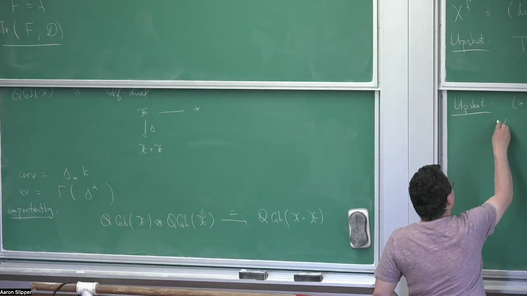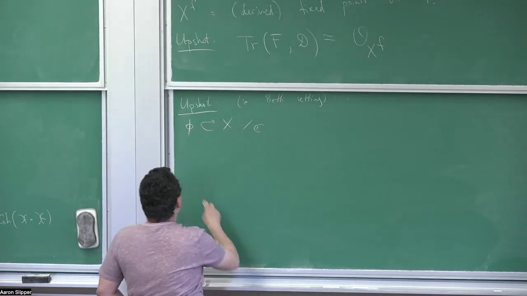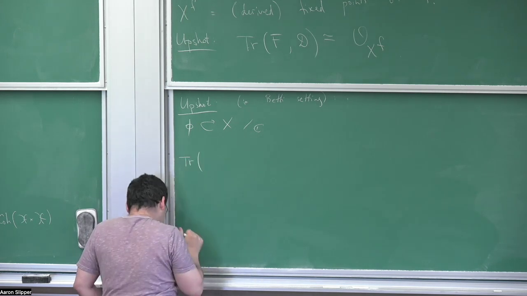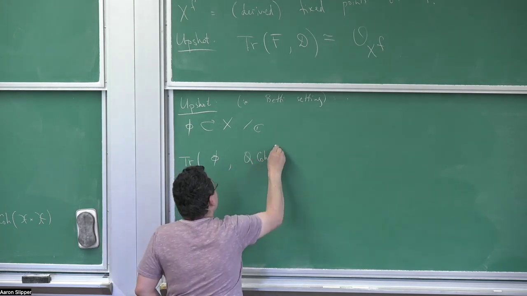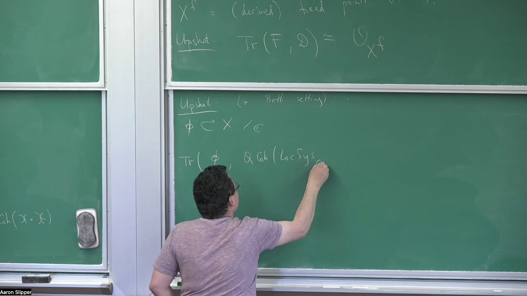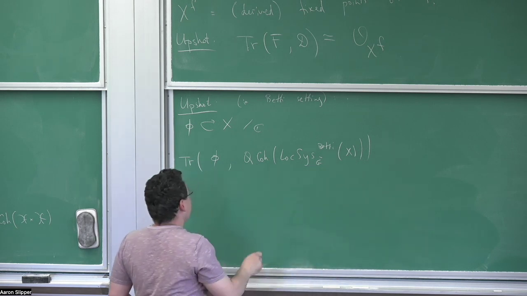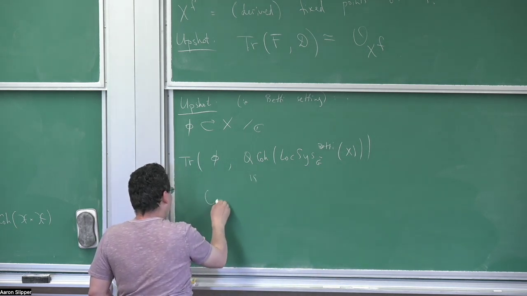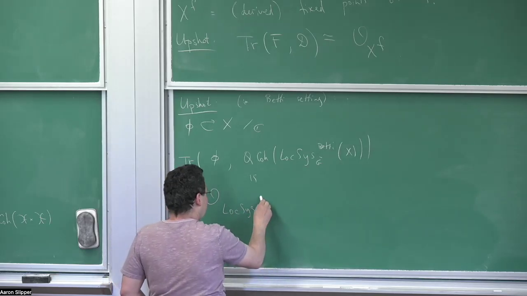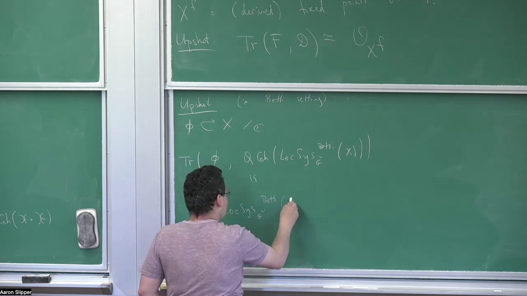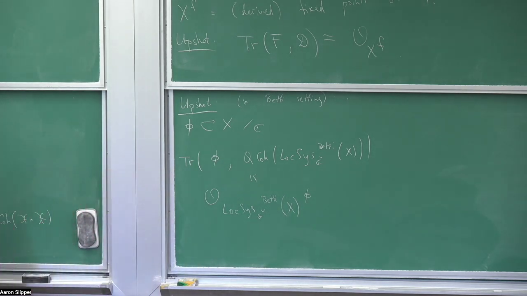So again, for C, we have some endomorphism called phi. What we get is that the trace of the induced map by phi on quasi-coherent sheaves on local systems on X is the same thing as functions on, just by what I said.